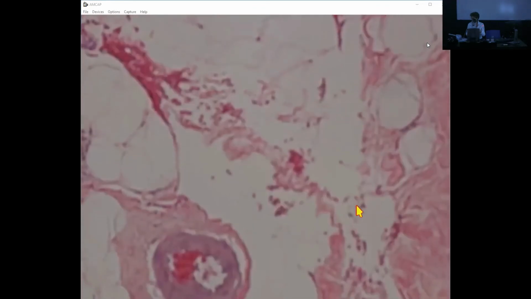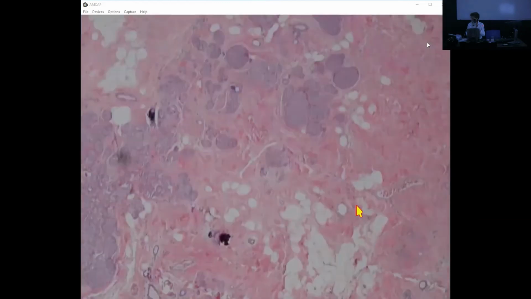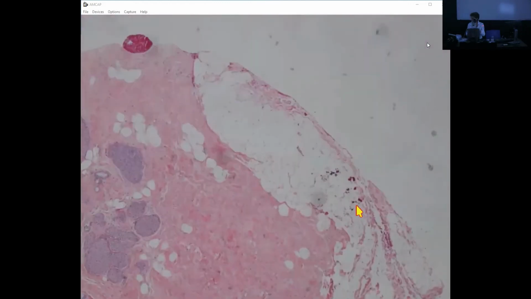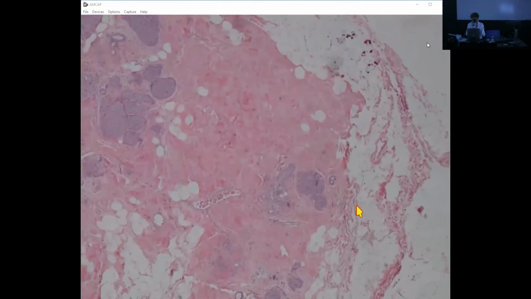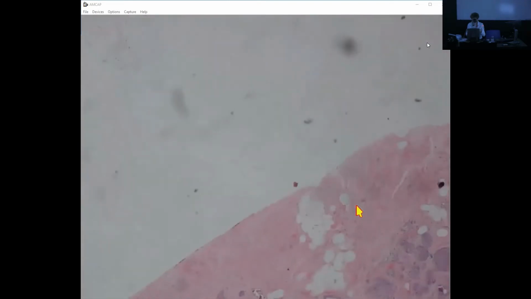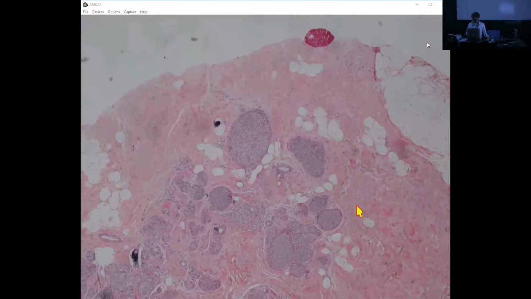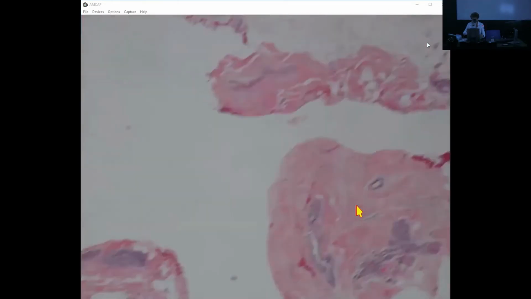Here is another case. This, let's see. So this is another case where I don't know the details of why this was done, and how much florid, let's say this was in a core biopsy, it seems to be in an excision specimen, but let's say we found this in the core biopsy.